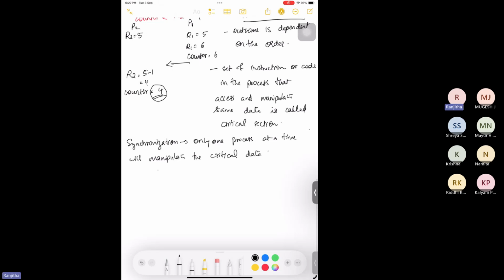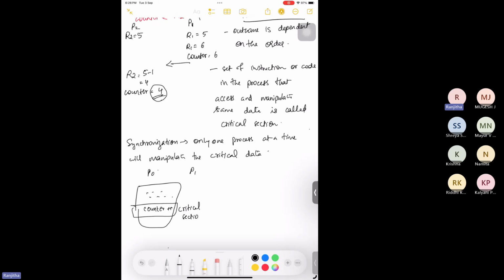So we need to have a mechanism that will ensure this. So in the earlier program, we had P0 and we had P1 and we had their program. We had counter plus plus here. So we put this inside a critical section. So this forms the critical section.